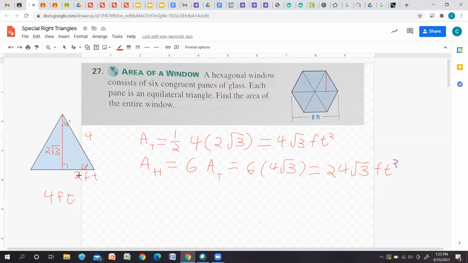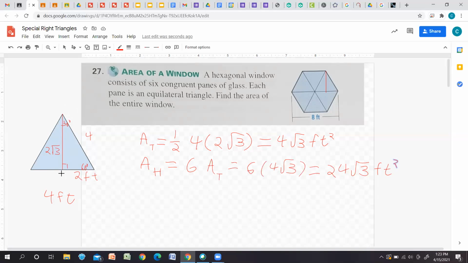Notice how we could find this only because we knew special right triangles, right? Whenever you divide an equilateral triangle in half with its altitude like this, you always get a 30, 60, 90 triangle. If you know the base length, you can divide it in half. Here it's 2, half the base length. That's this part of the triangle.